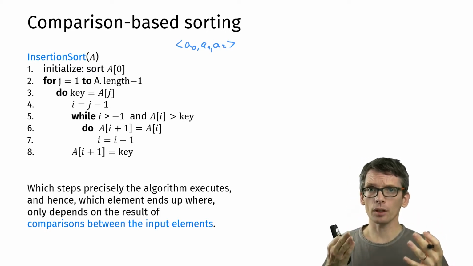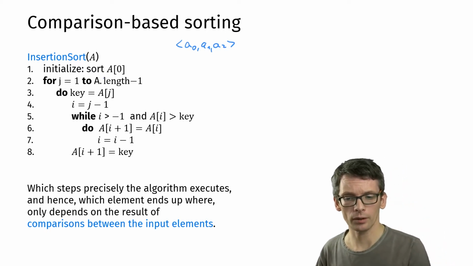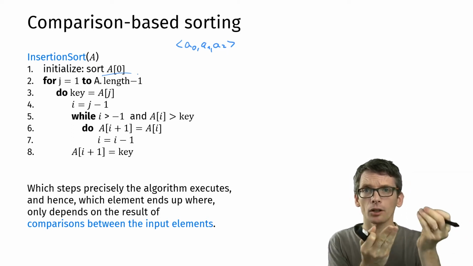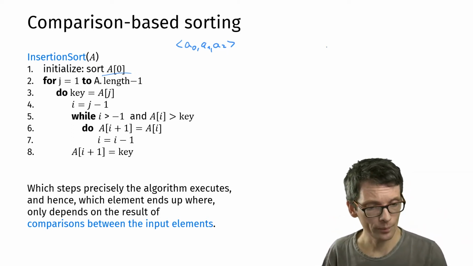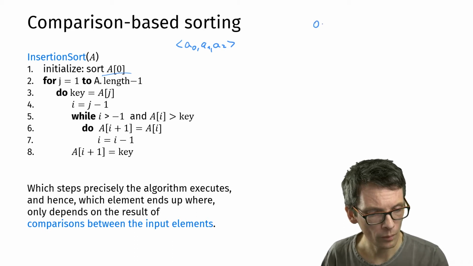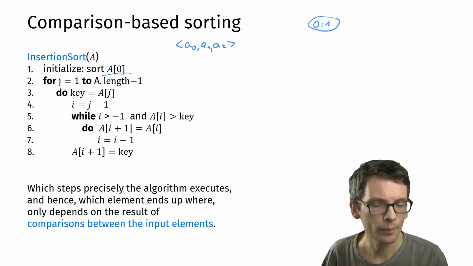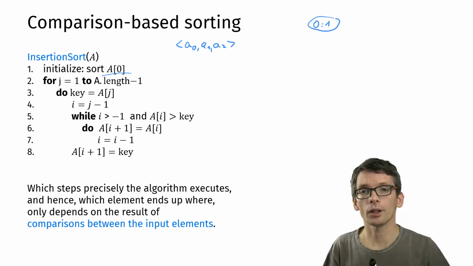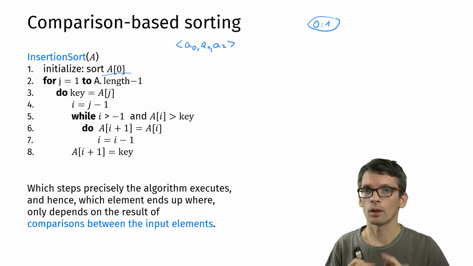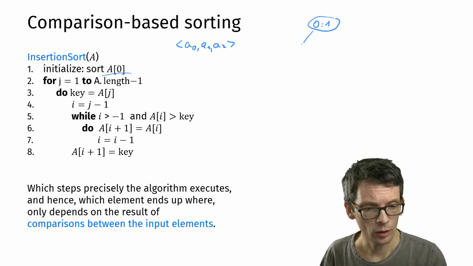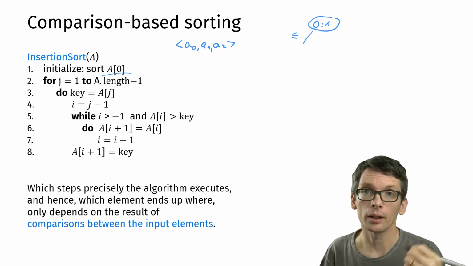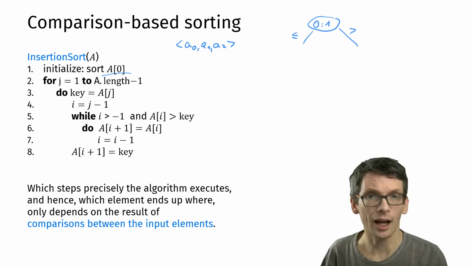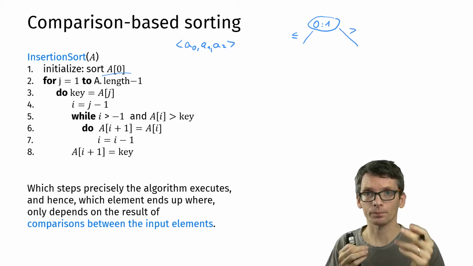Now the first thing that the algorithm does, it sorts A0, it doesn't do anything. What it then does is compare A1 and A0. Depending on which one is smaller or larger, it will swap A0 and A1. If A0 is smaller or equal to A1, then it will not swap. If it's larger, it will swap A0 and A1.